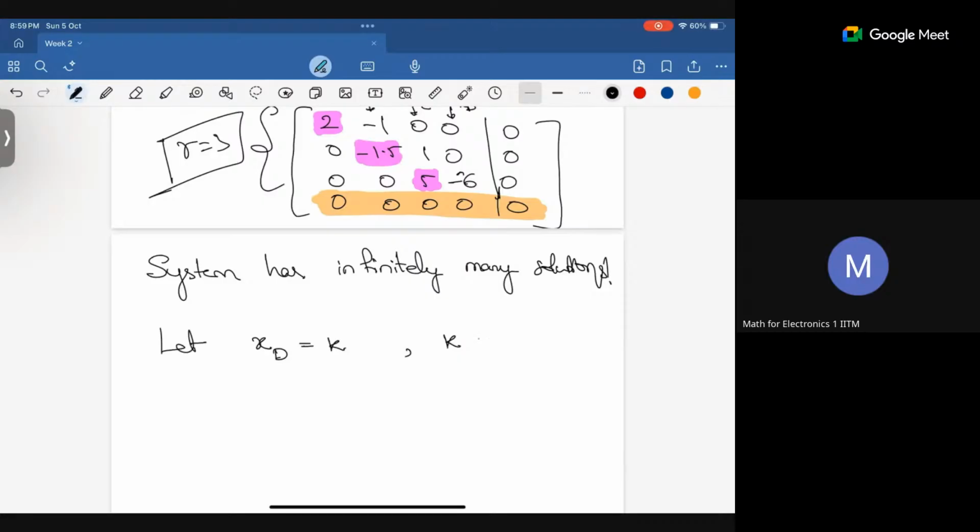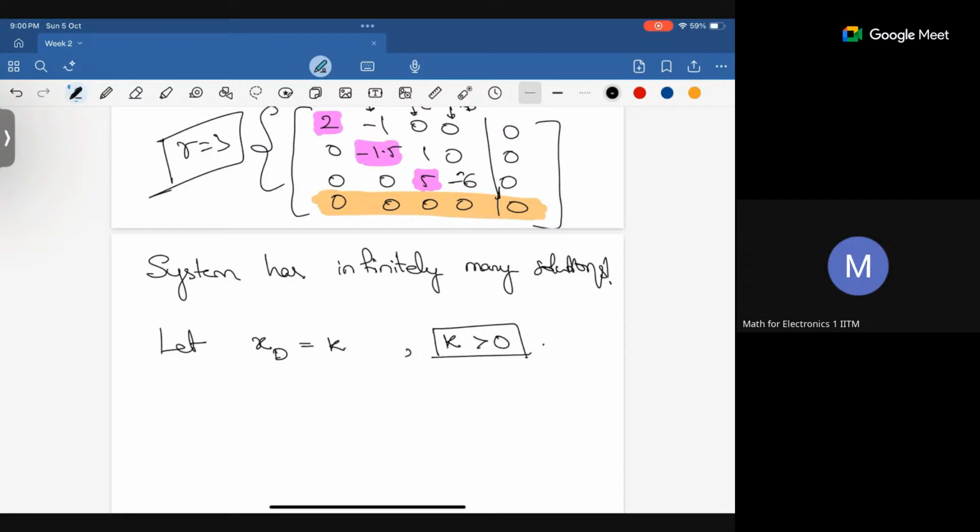K is some positive real number, right? Or, to understand this easily, K greater than 0, right?